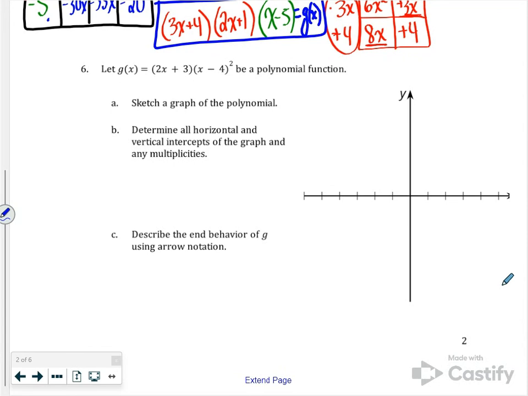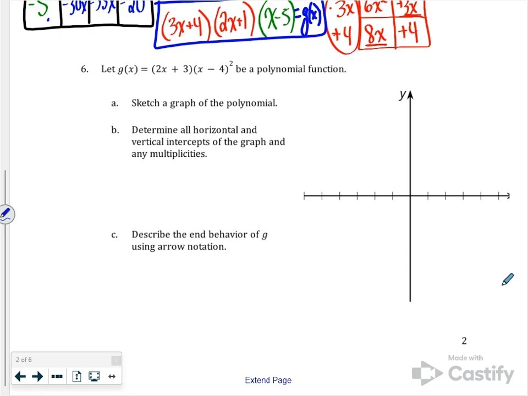So, number 6 is definitely going to have you use different skills from an earlier part of the unit. I believe this is from specifically lessons 8 and 9, and maybe 10 as well. Lessons 8, 9, and 10 were when we started looking at the direction of the left and right arrows.